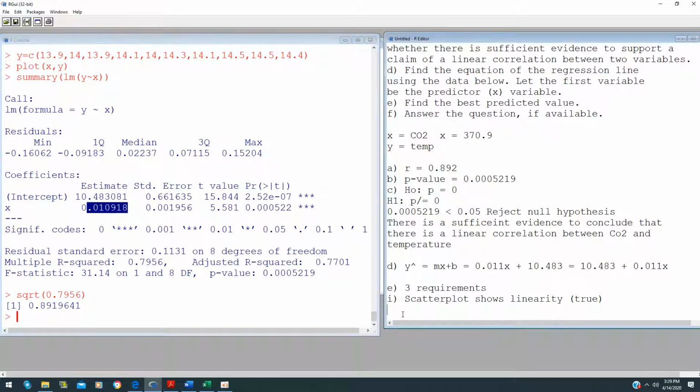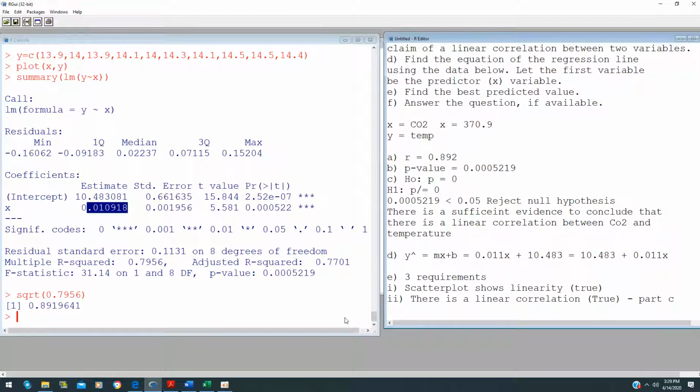The second one is telling us that you have to figure out that there is a linear correlation. This is also true. This actually comes from part C. In part C, we did testing, and it did show that there is evidence to conclude there's a linear correlation. So that's why this is true.